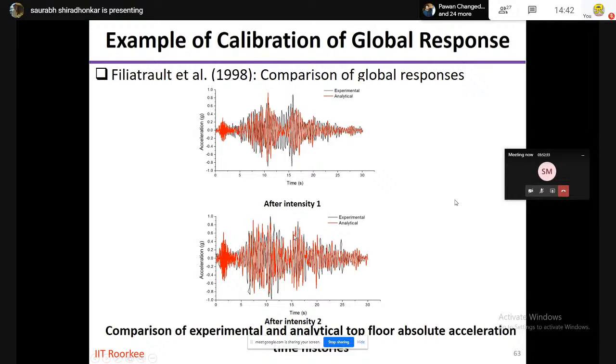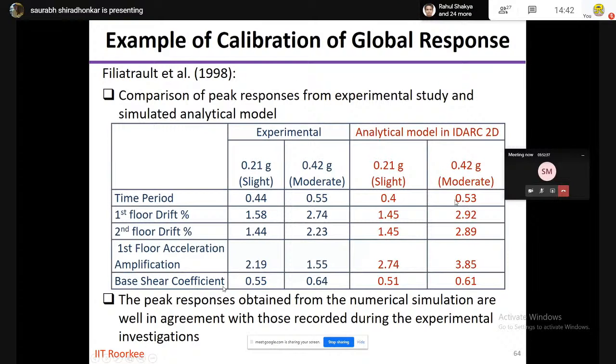My peaks are matching to a good extent, better than my overall time history. So my model is calibrated. This is the comparison: this is the experimentally observed response, and this is the response I have got from the analytical model. You can see that the analytical model predicts the experimental response with greater accuracy.